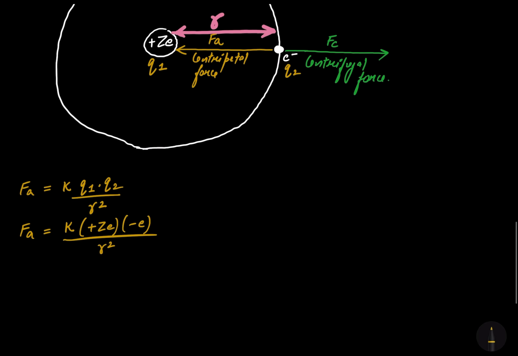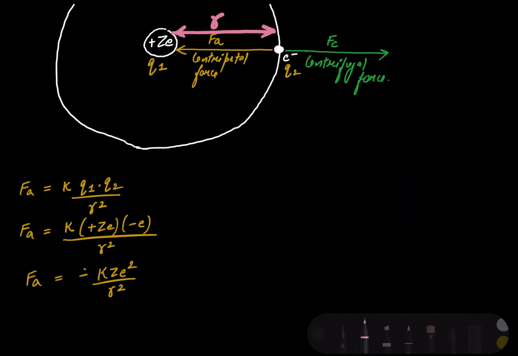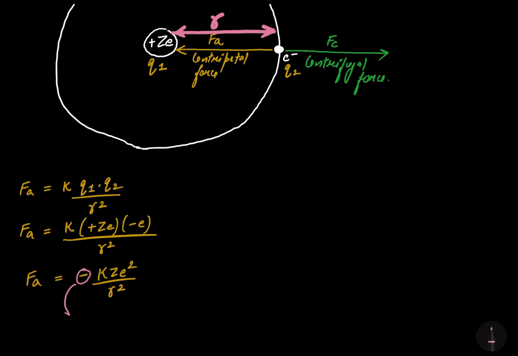Now the force of attraction comes out to be minus K Z e square divided by small r square, where this negative sign indicates the force of attraction.